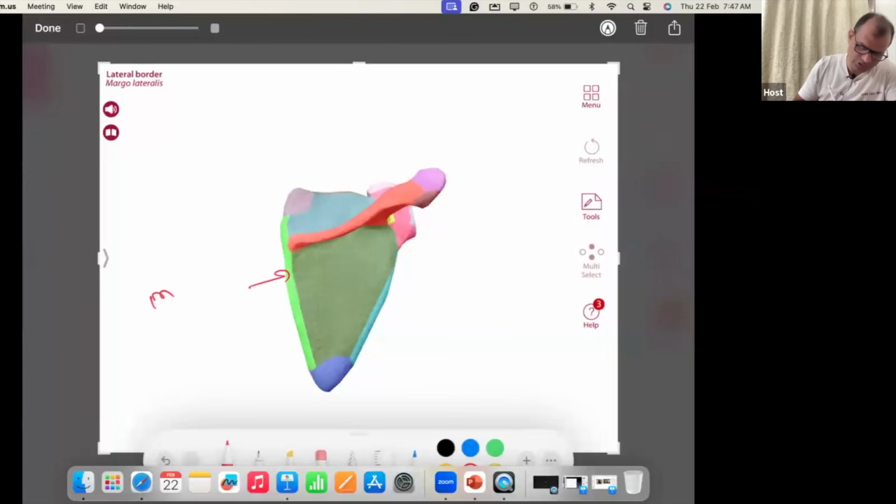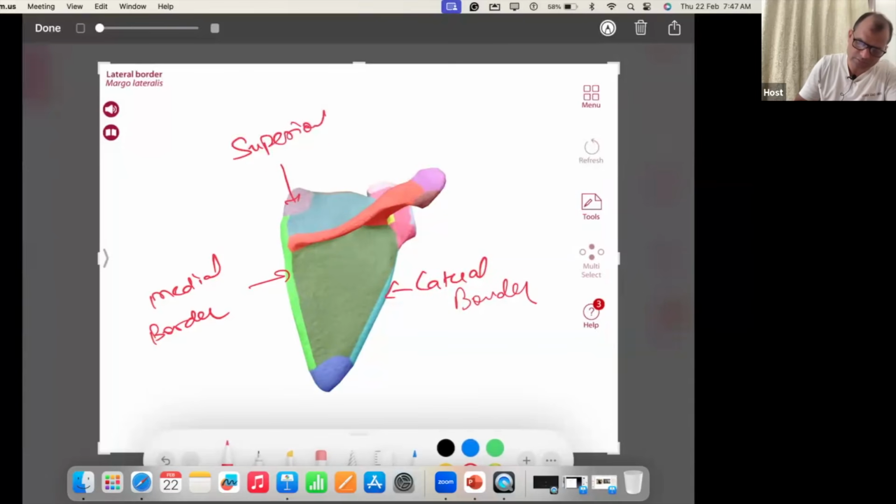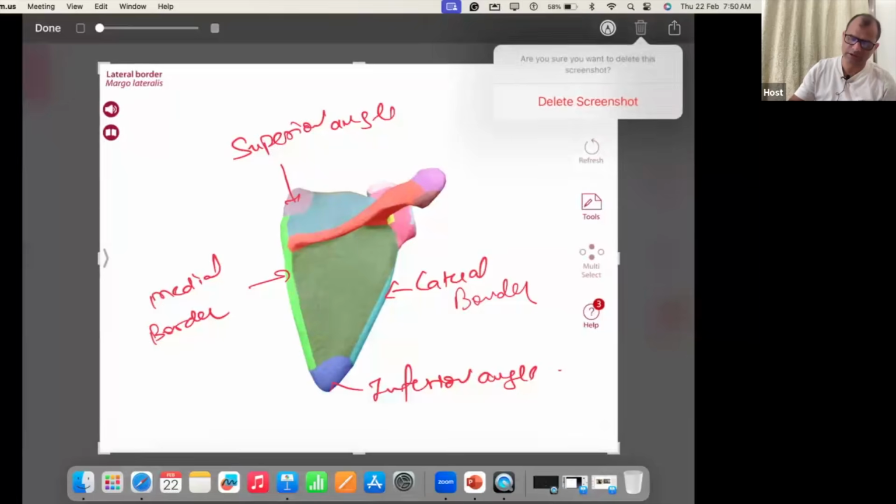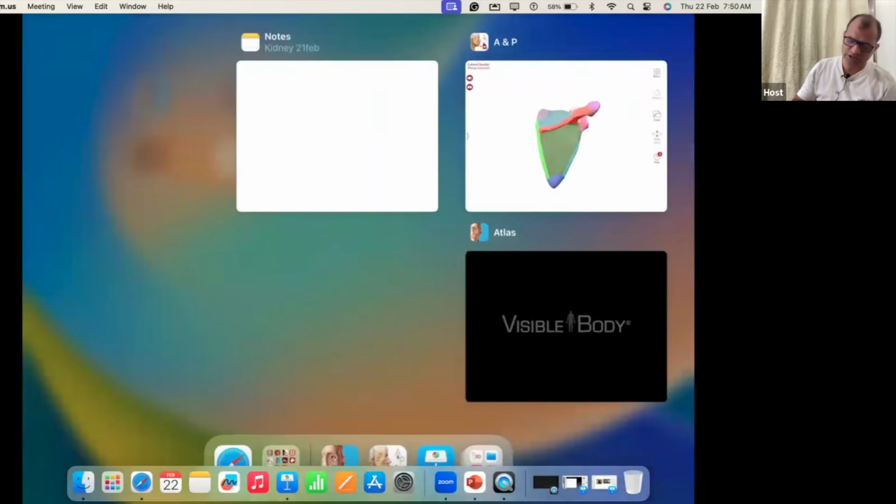This is the medial border of the scapula, and this is the lateral border of the scapula. This is the superior angle and this is the inferior angle of the scapula. So these are our medial border, lateral border, superior angle, inferior angle. In this way the scapula is divided. So let's see in this image.